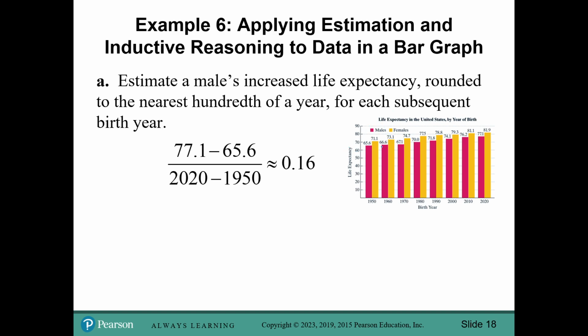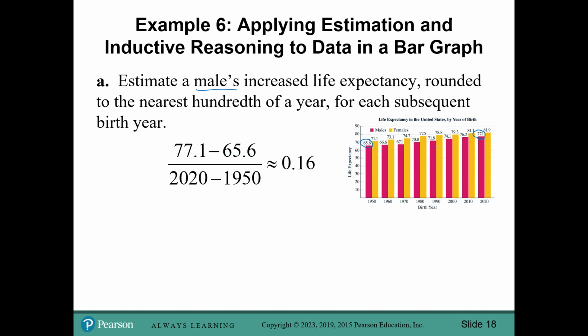Because we are looking at a male's increased life expectancy, we will take the life expectancy of a male in 2020, which is 77.1 years. We will subtract it from the life expectancy of a male that was born in 1950. That's where we get 77.1 minus 65.6.